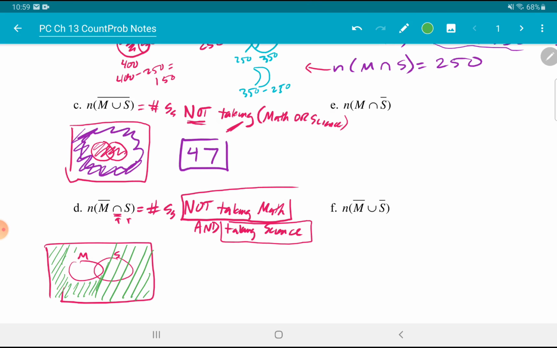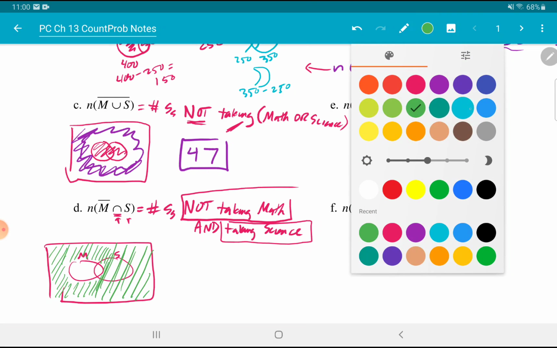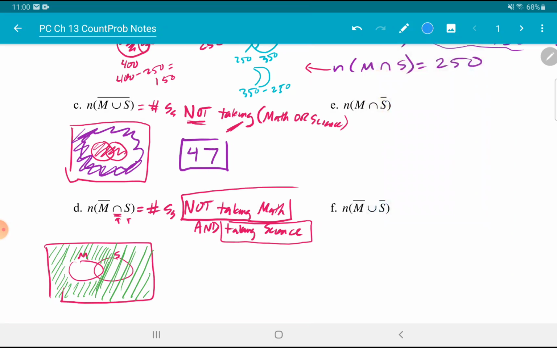Notice what I'm shading here. The number of students not taking math is all this. And then, and taking science. Let's do taking science in a different color now. What's taking science look like? Taking science would be all this. Taking science would just be the entire science circle.